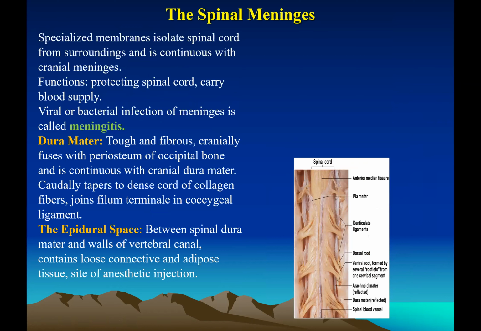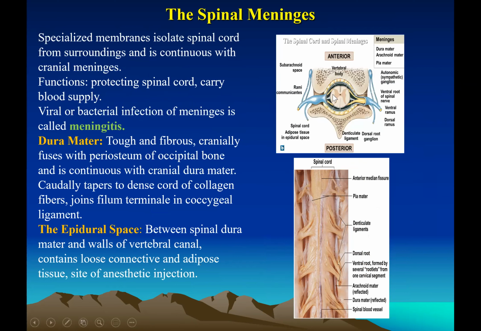The spinal meninges are very interesting and easy to follow. The meninges are the connective tissue protecting the spinal cord. You can see the vertebra here, and in the vertebral foramen, the spinal cord is protected by several layers of connective tissue called meninges.